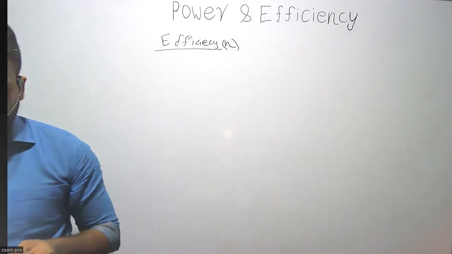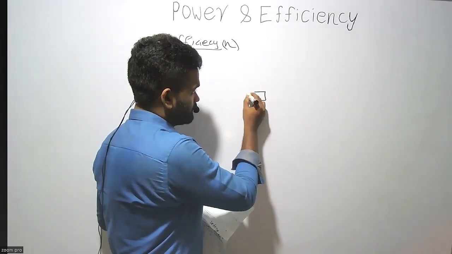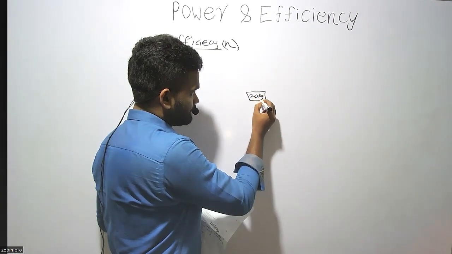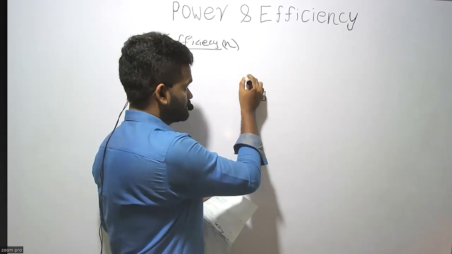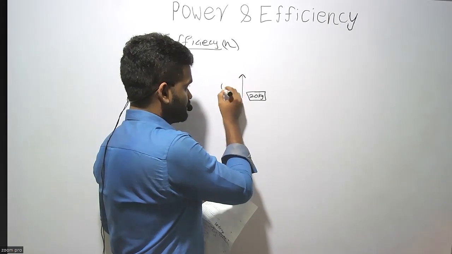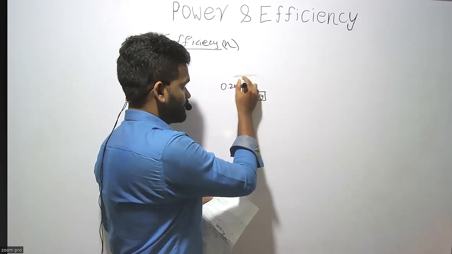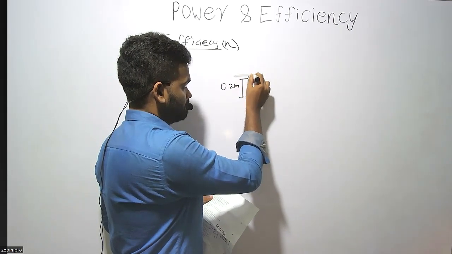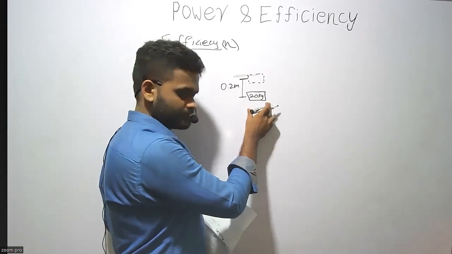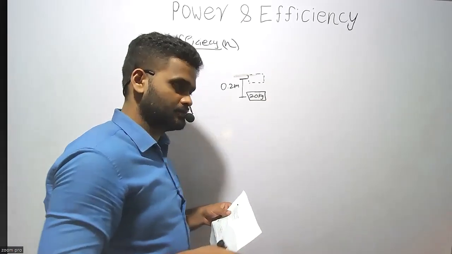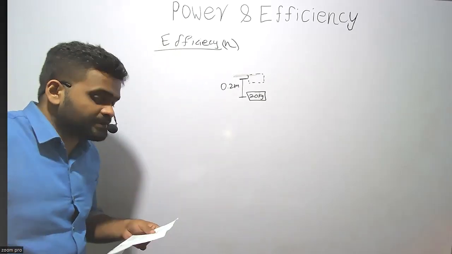So a man lifts a stone of 20 kilogram to a height of 0.2 meters. Let's say this much. In order to do this, he uses a lever. Levers, you have heard in O levels, right? It can be a pulley system.